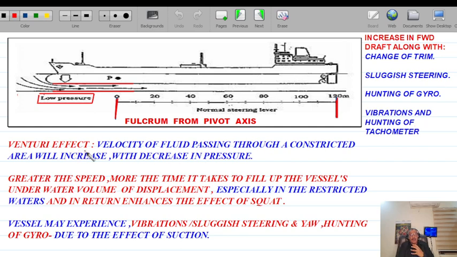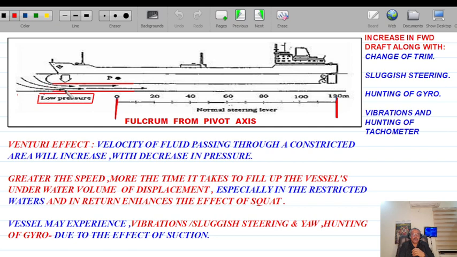Now, how does it happen and why does it happen? I've just tried to explain in a nutshell. In case you guys have any further query, I'll probably broadcast another lecture explaining the Venturi effect at length. In the Venturi effect, the velocity of fluid passing through a constricted area will increase with decrease in pressure.